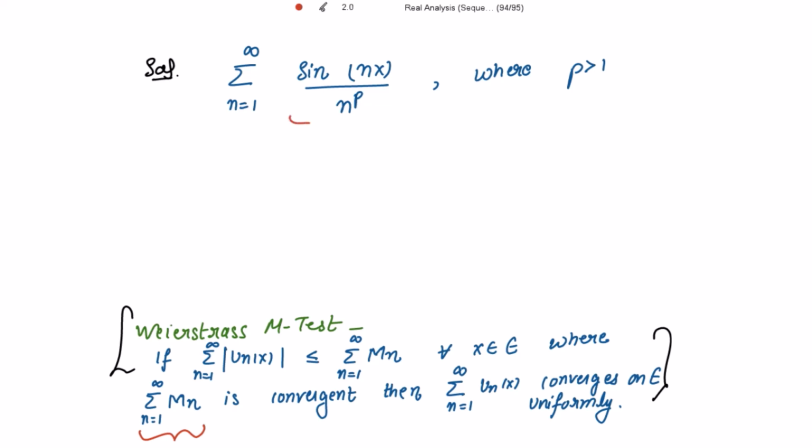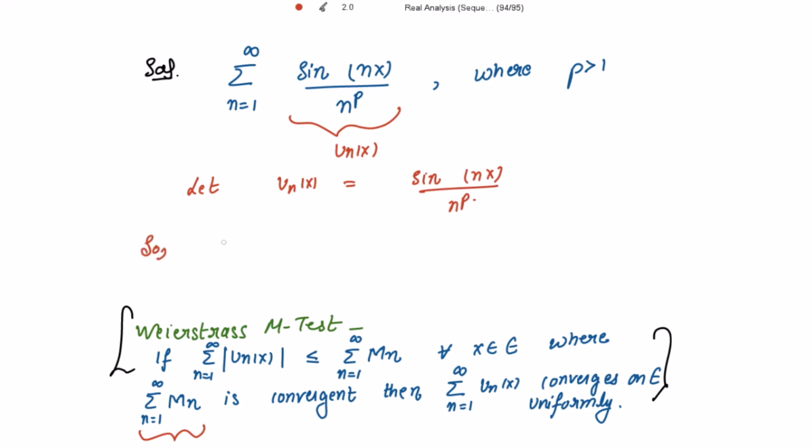So in this given series, this is your u_n(x). Let's consider the left hand side first. Let u_n(x) be equal to sine of nx divided by n to the power p.